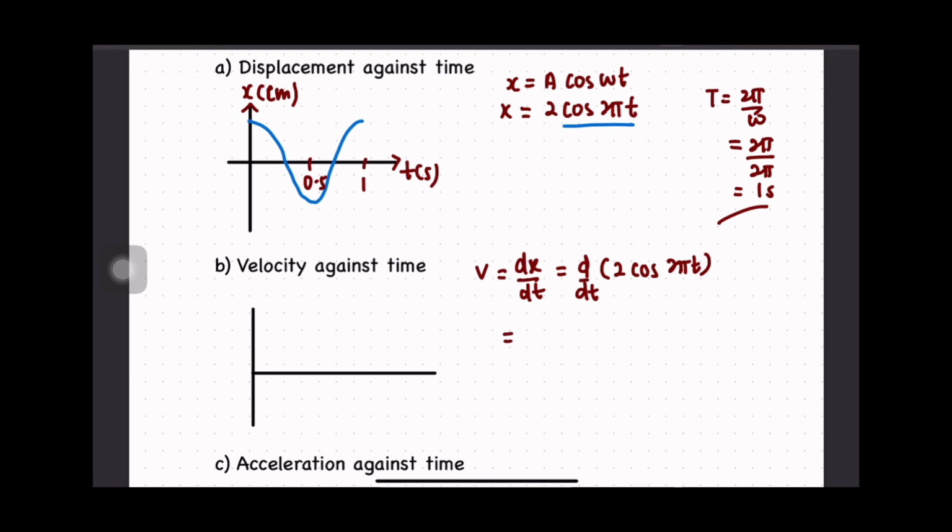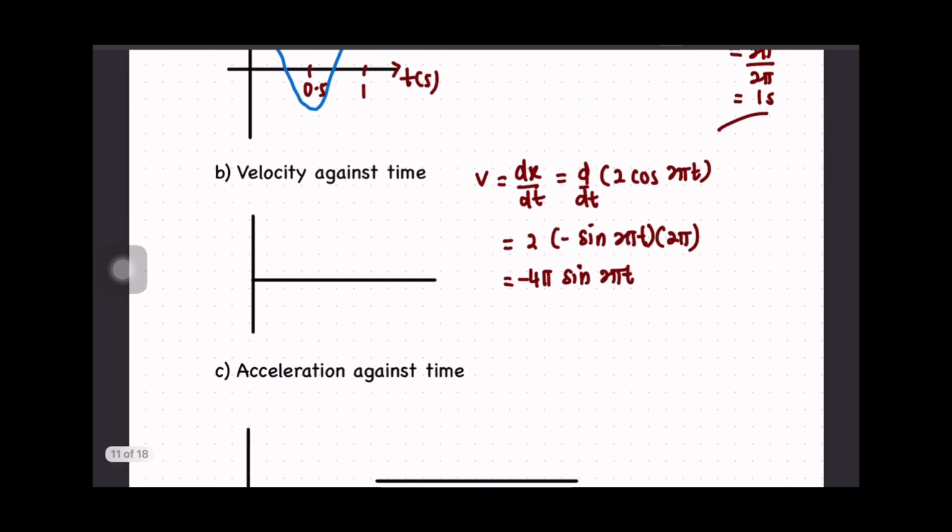So you will get 2 negative sine 2 pi t times 2 pi. So 4 pi negative sine 2 pi t. This is the equation for v, velocity.